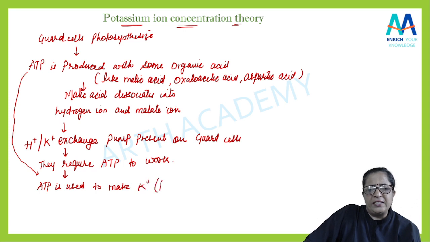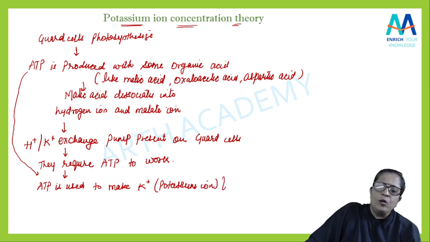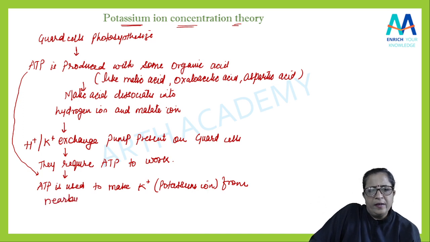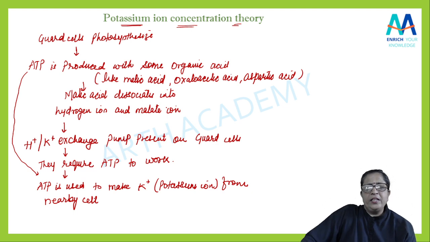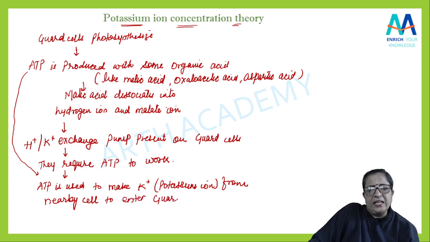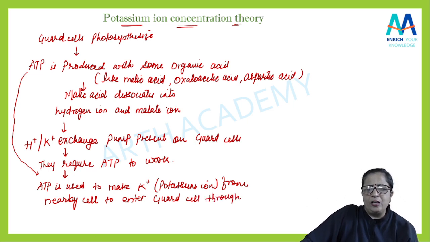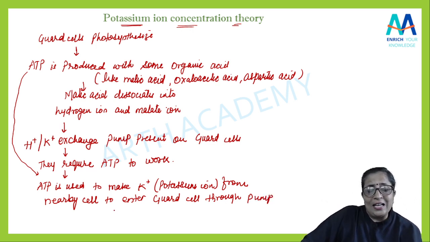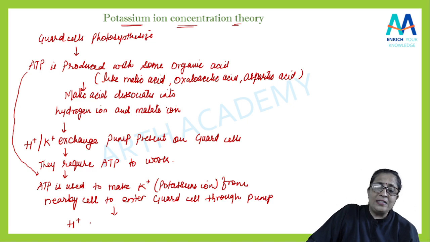Potassium K plus, that means ये है potassium ion from nearby cell, आजू बाजू के सेल में जो पोटेशियम है. Yes, it makes the potassium ions from nearby cell enter the guard cell. guard cell के अंदर बुलाएगा उसको. Yes, through the pump. ये जो पंप है guard cell में, उसके थ्रू. और इसके साथ जैसे पोटेशियम अंदर आएगा तो वो पंप से H प्लस आयन is exchanged.